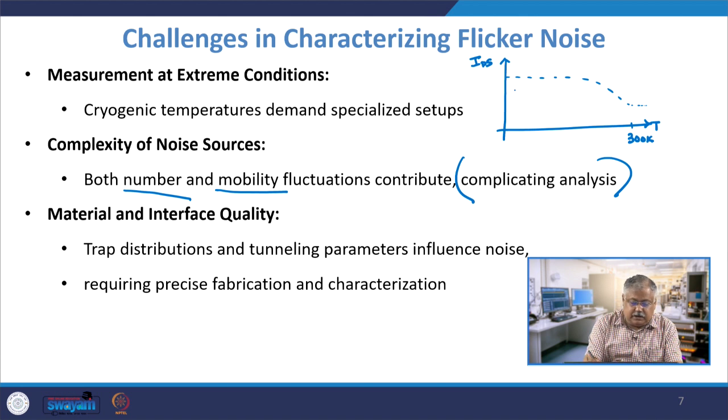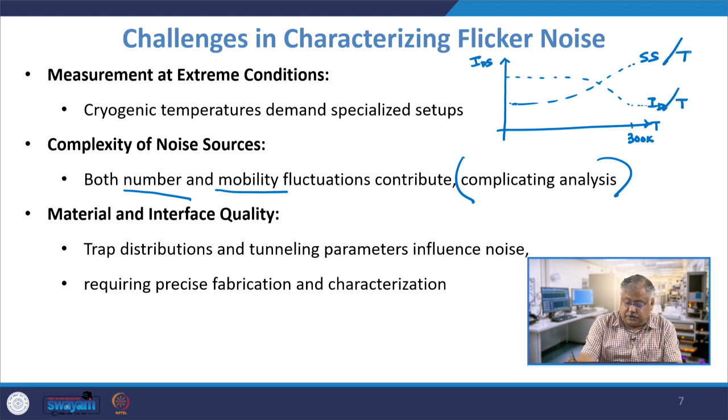Similarly, if you plot the transconductance, you will get the same trend. If you plot subthreshold slope, which we have already done in our previous cases, you will see that the subthreshold slope starts to reduce at very low values of temperature.